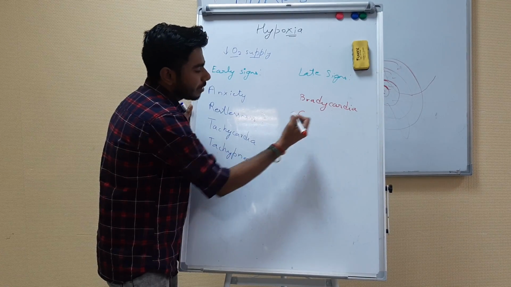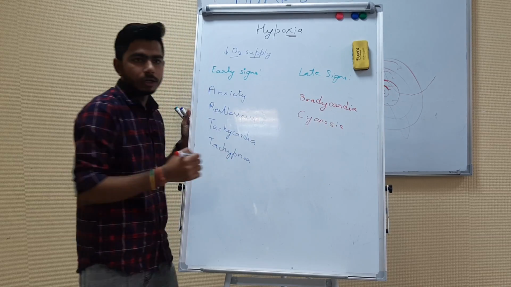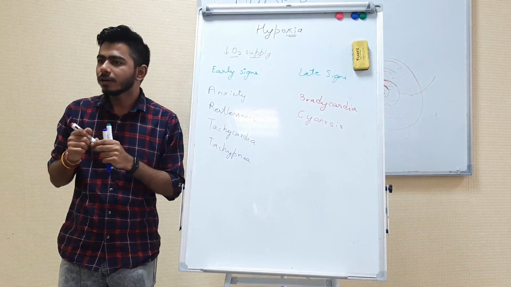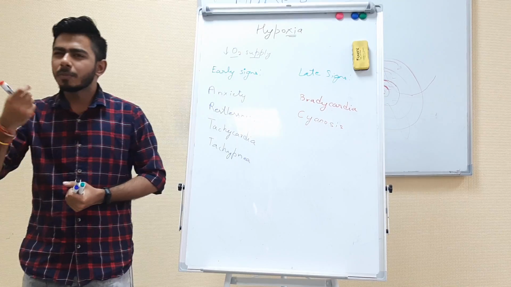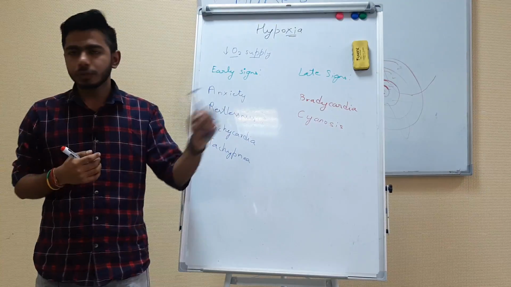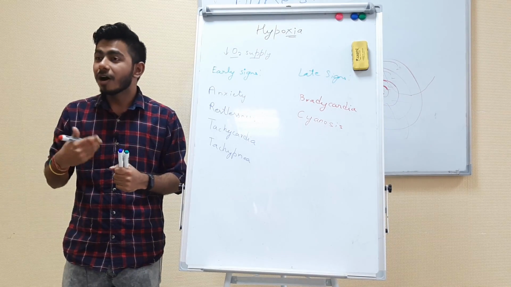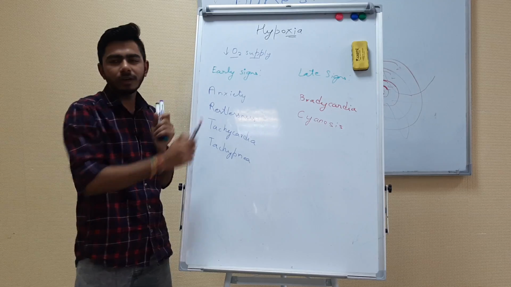Now what other signs may you see? That is cyanosis. What is cyanosis? Cyanosis is the bluish discoloration of your skin. In what cases might your body turn bluish? Whenever your body is demanding oxygen. And what is the situation over here? Hypoxia.